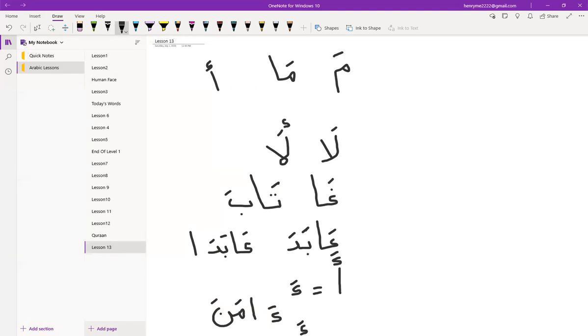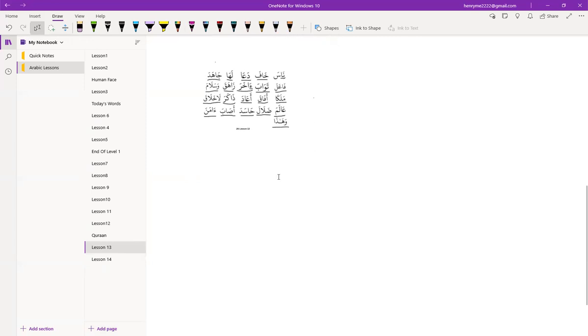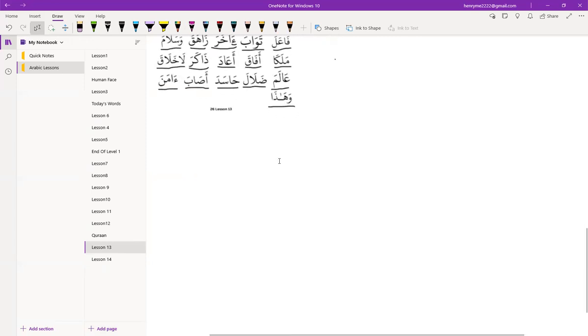Let me add the page really quick. If you guys remember, yesterday we stopped at one word, we didn't read it, which is this one here.